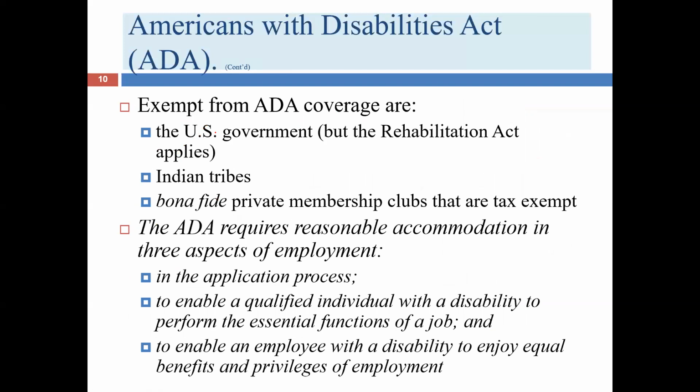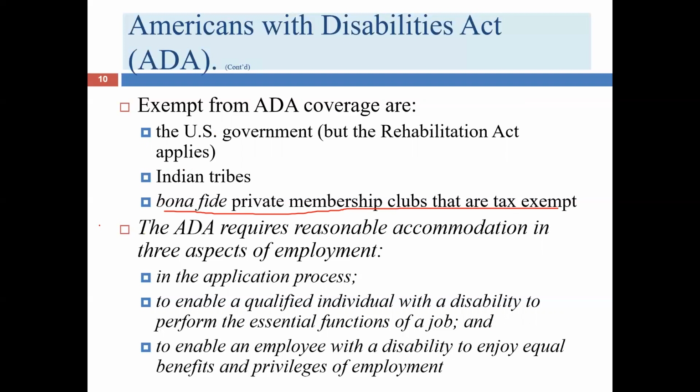Also, Indian tribes, Native Americans, who are, or the tribal unit is covered. Native Americans who run businesses usually would be covered by the ADA as private employers. And we've seen this before with Title VII. We're seeing it again, bona fide private membership clubs that are tax exempt. The country club, for example.